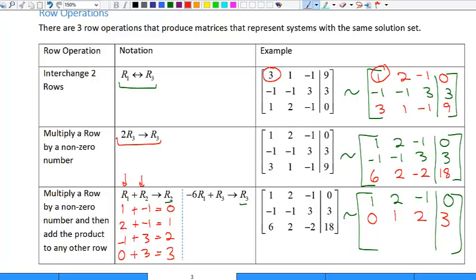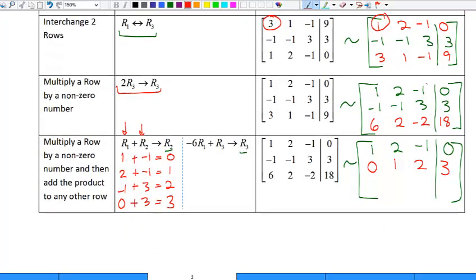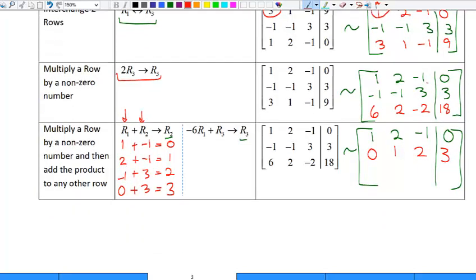So that's one way to show your work by multiplying a row by a non-zero number and then adding it to any other row. I'm going to show you one other way that you could have done this. Another way of doing it is, I would think, more vertically. So if I want to take row 1 plus row 2 off to the side of your paper, this one, out of all three of the operations, is the one that causes a little bit more extra work.